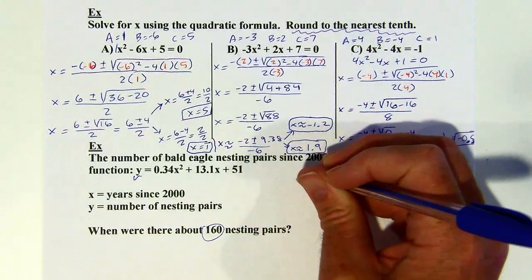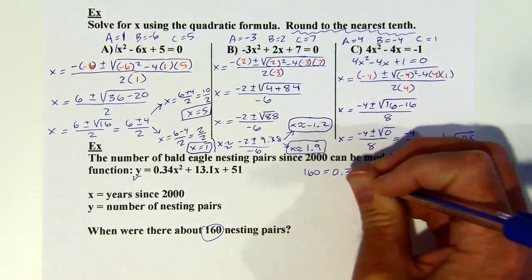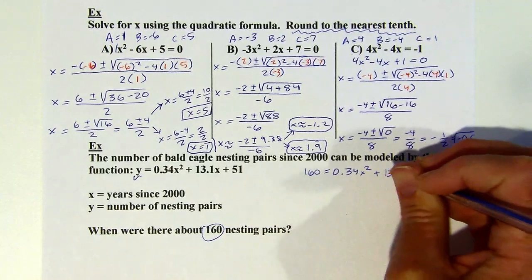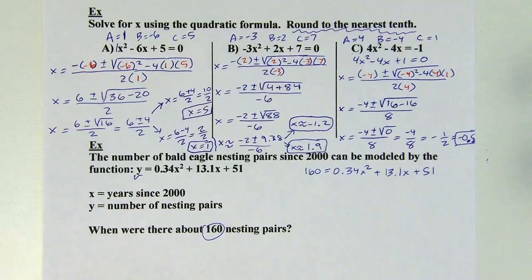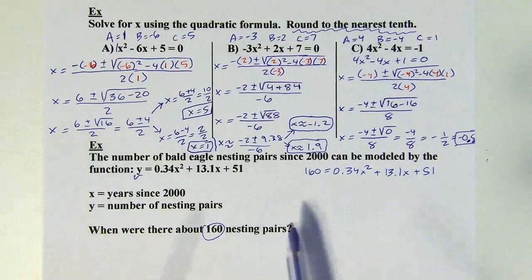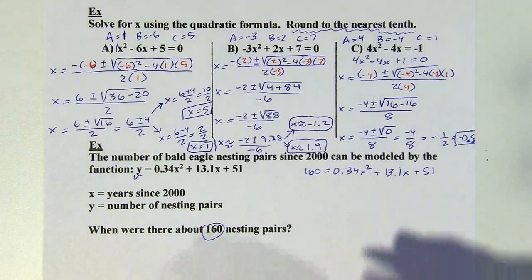Okay, so let's go ahead and do that. I'm going to say 160 equals 0.34x squared plus 13.1x plus 51. Okay, now I want to solve this for x. And just like the previous problems, I want this in standard form before I use the quadratic formula.